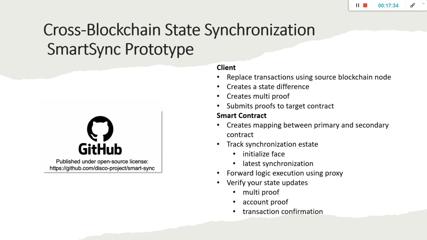On the smart contract side, it can create a mapping between primary and secondary contracts, and it can track the synchronization state. It can forward logic execution using the proxy, and it can also verify the state update using any of these methods, including multi-proof, account proof, or transaction confirmation. All these resources are available in this GitHub repository.